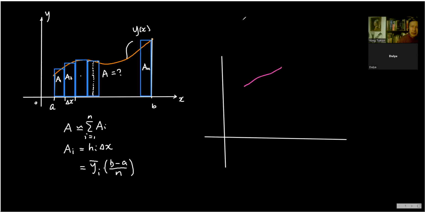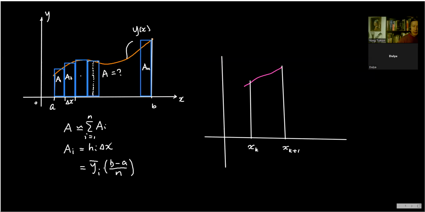If I choose the two adjacent edges, this is one side and there's another one. This will be x1, this x_k, and this will be x_(k+1).